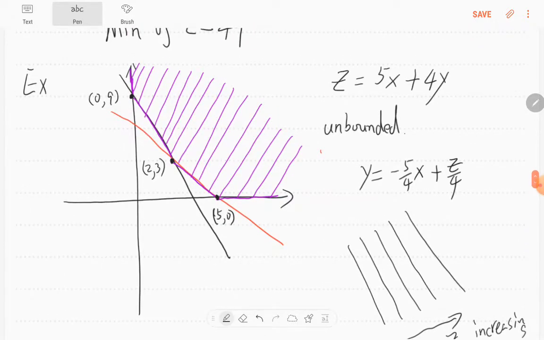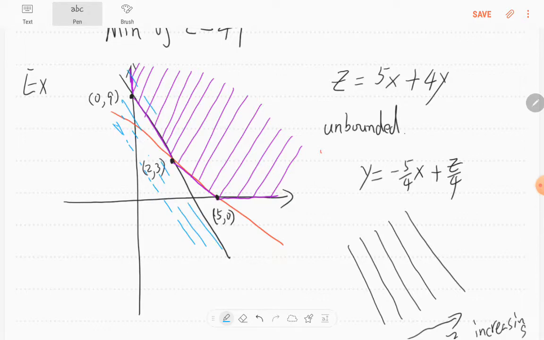So for this one, if we use the blue color to represent our line, it will move up.